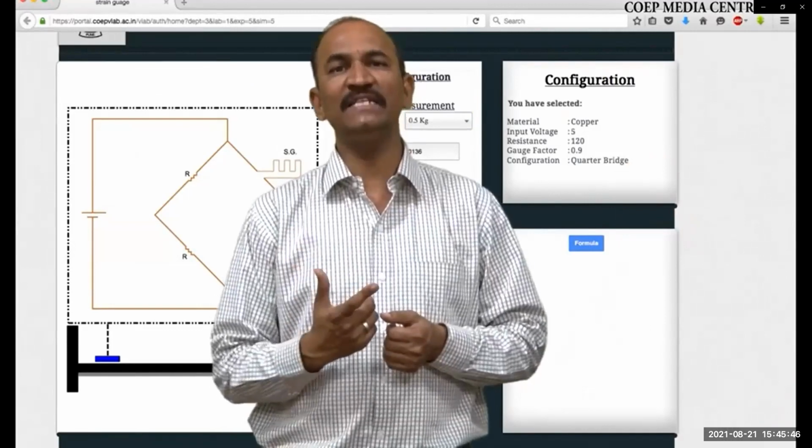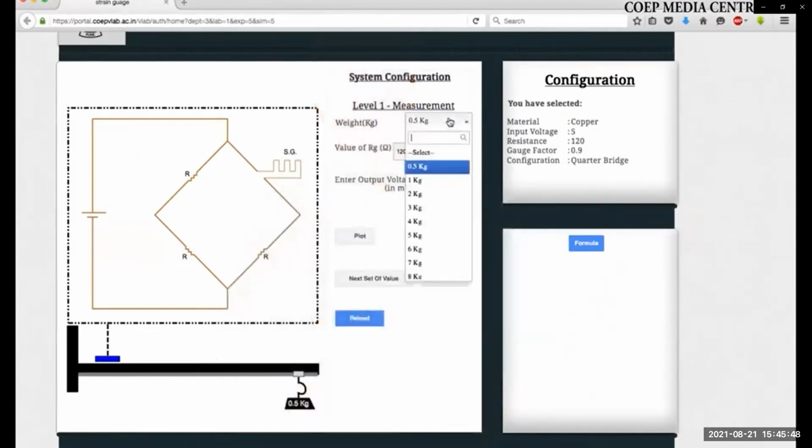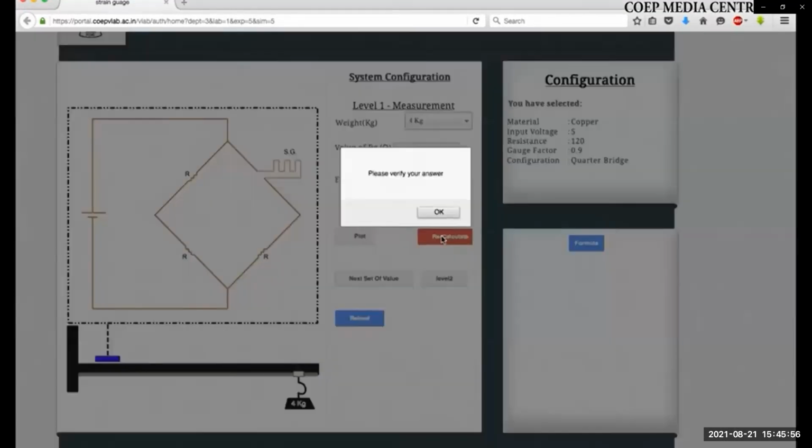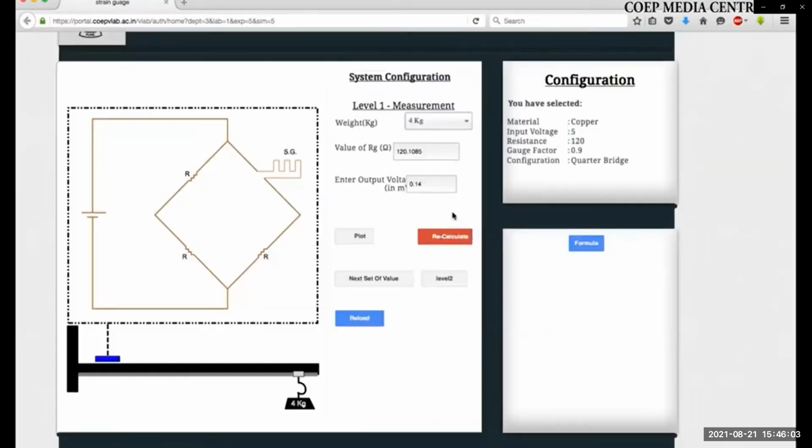You will have to do this exercise 3 times. Now change the weight. Suppose I have added 4 kg, and I calculate what will be the output of the strain gauge in millivolt if you have added a weight of 4 kg. Submit it. It's correct.